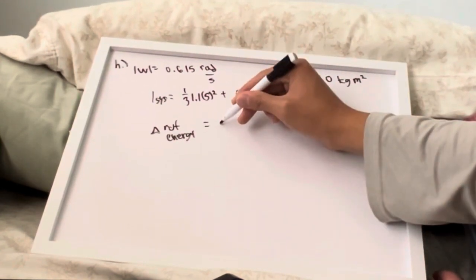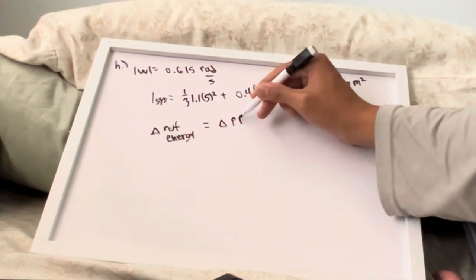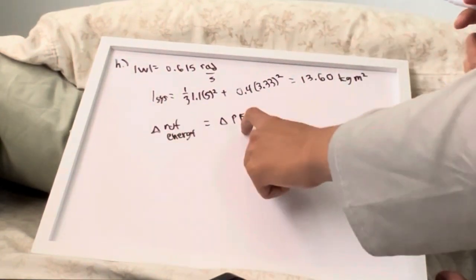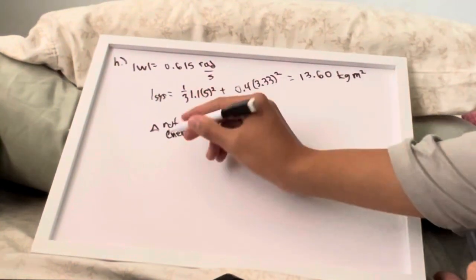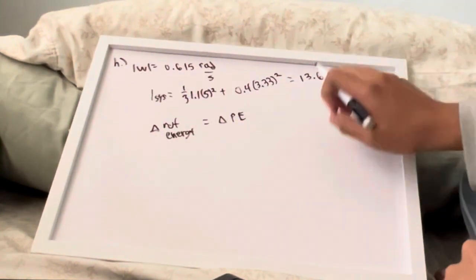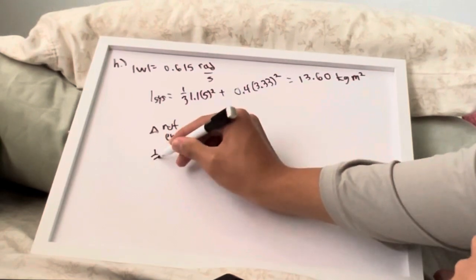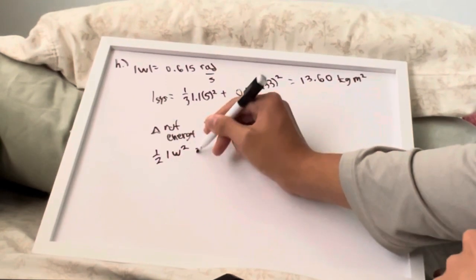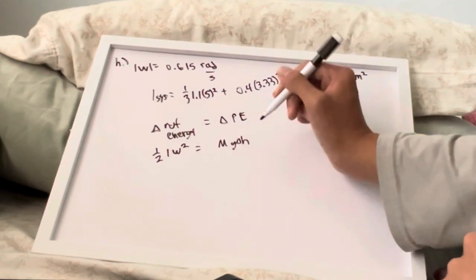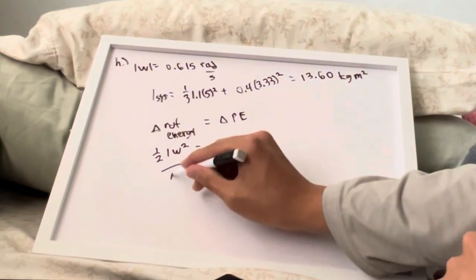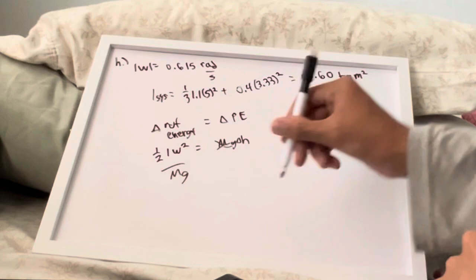It's going to be equal to the change in PE, because how much I go up will be determined by how much energy I have to convert to PE. Okay, so I know my change in rot energy is going to be all this energy right here. So the formula is 1/2 IW squared is going to be equal to mgh, right? Change in h. I want to find that change in h, so I'll divide mg to the other side. Is equal to change in h, right?